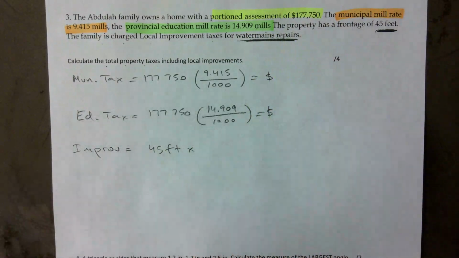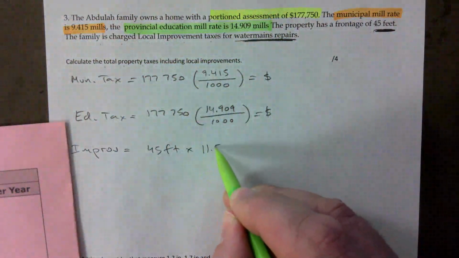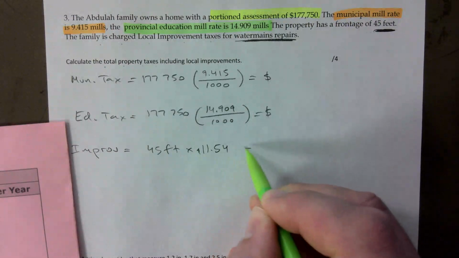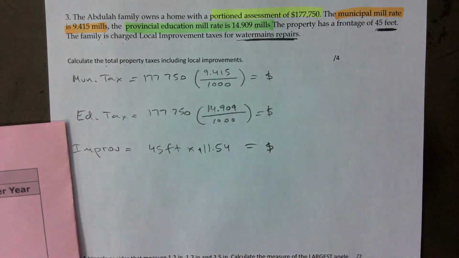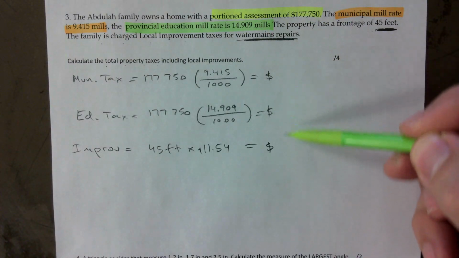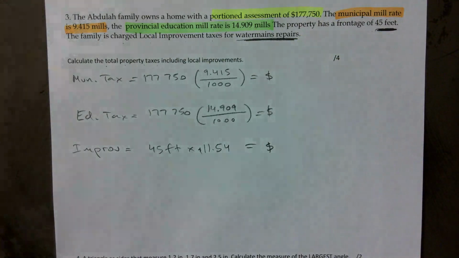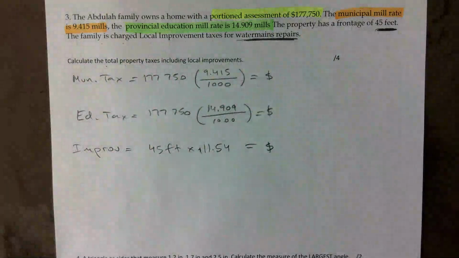I did not give you that rate, so you have to go and get it. Water mains is 1154. It's on the back of your booklet. 1154 for every foot. So we'll figure that out. So technically, my property tax is just going to be adding up these three numbers. I don't have any credits. So this is just adding, no subtracting whatsoever.